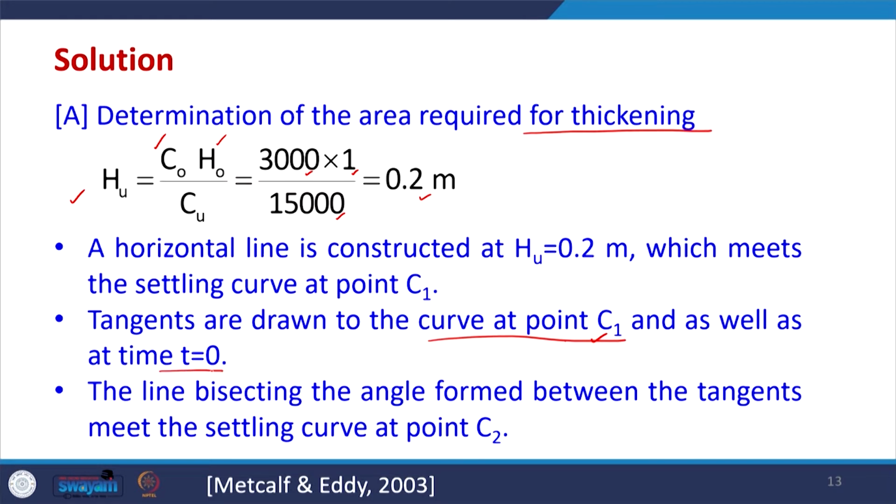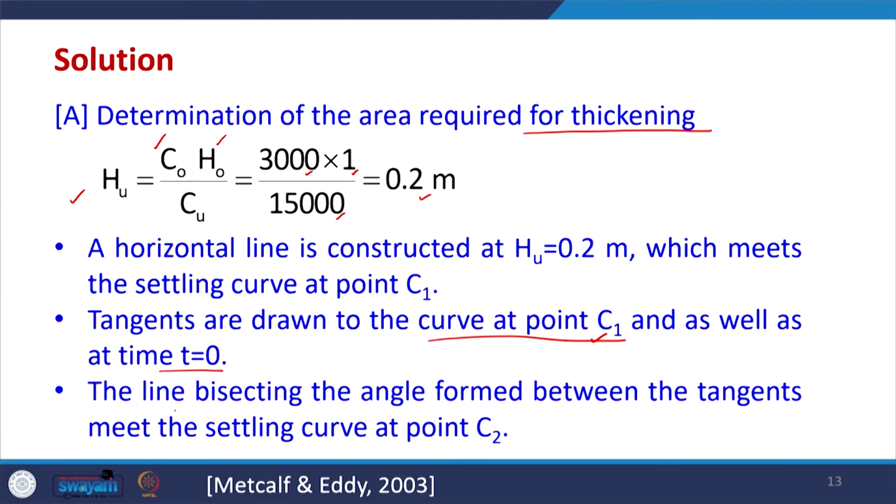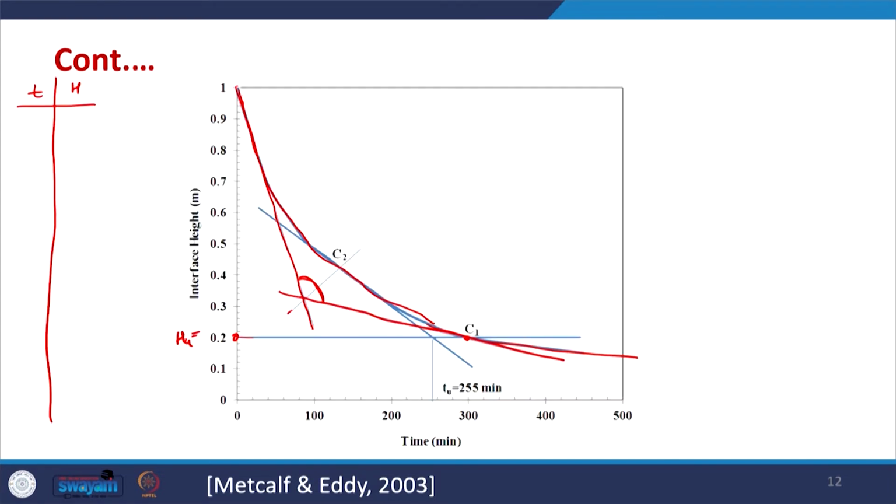This is another tangent which is drawn. Now we have an angle, and we have to bisect this angle, drawing a line. The line bisecting the angle formed between the tangents meets the settling curve at point C2. So, this is the next step.